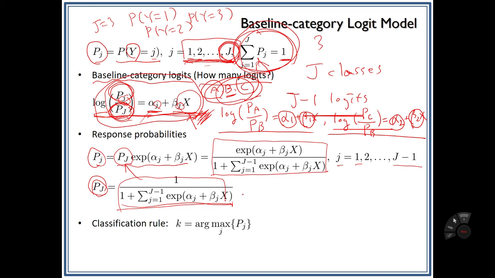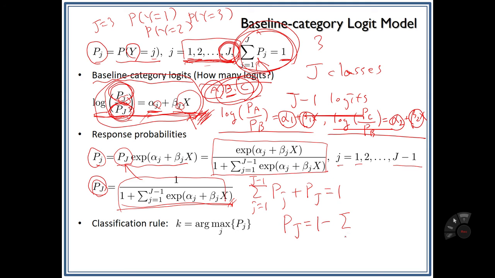Let me show you how you find this thing. Summation of j from 1 to capital J minus 1, summation of p sub j plus p sub capital J is 1, right? Then p sub capital J equals 1 minus summation of p sub j.